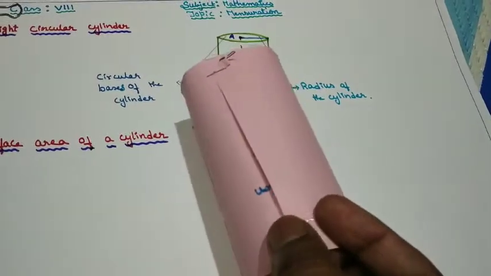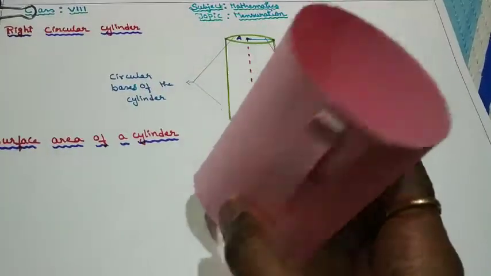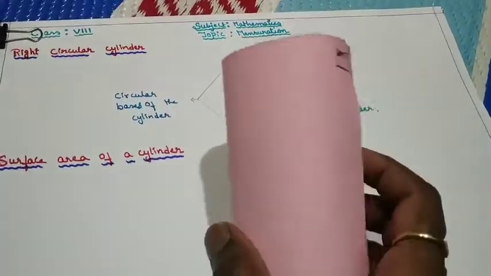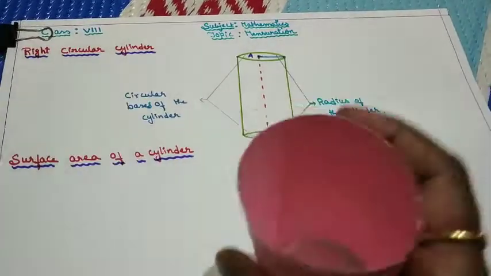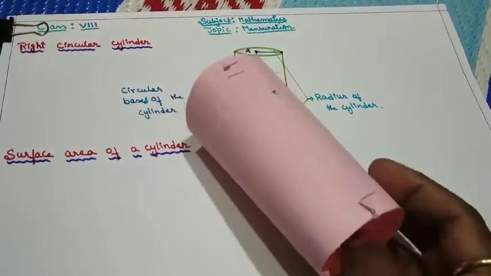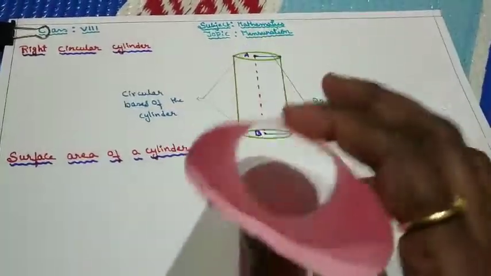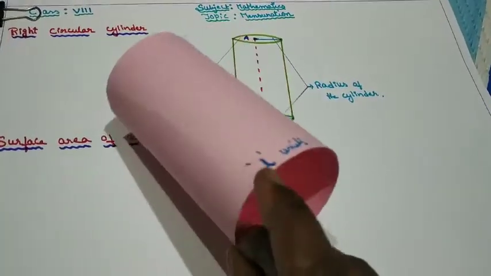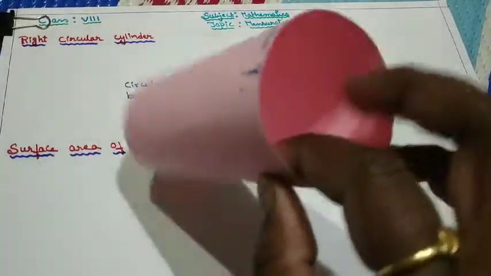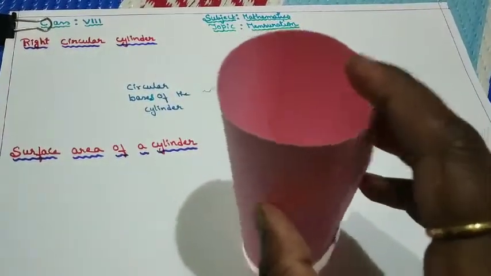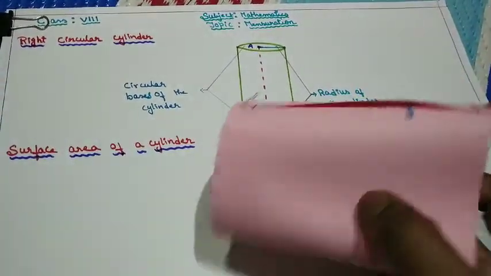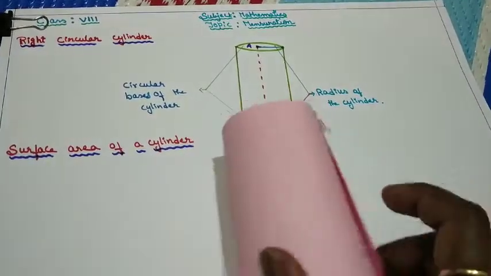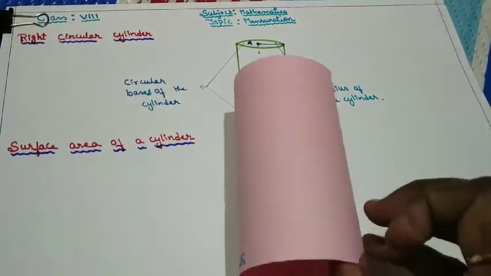By overlapping the breadth of the rectangle, I got a solid cylinder, but this is a hollow cylinder. Its length becomes the circumference of the circle. Here the length of the rectangle, L units, became the circumference of the cylinder, and the breadth, B units, became the height of the cylinder.